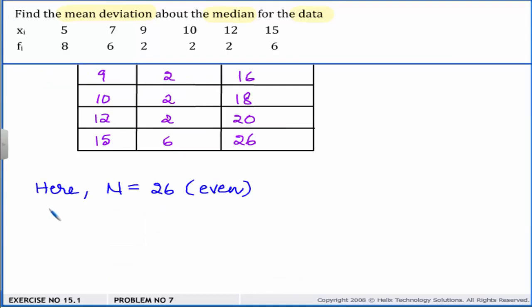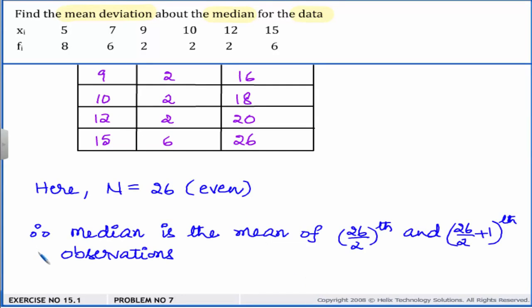Here we have the sum of the frequencies, capital N, is equal to 26, which is even. Therefore, median is the mean of 26 by 2th and 26 by 2 plus 1th observations, that is 13th and 14th observations.